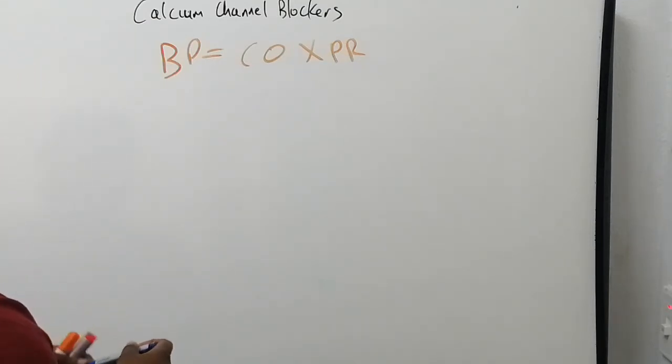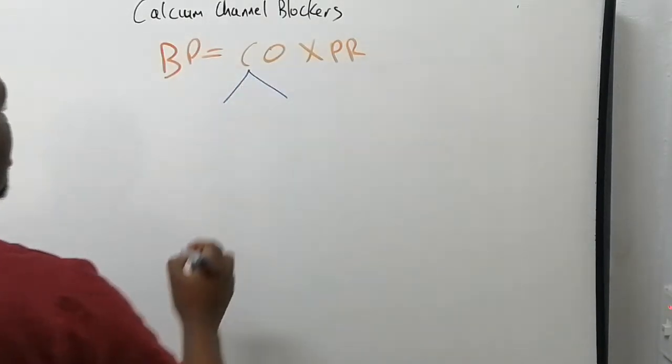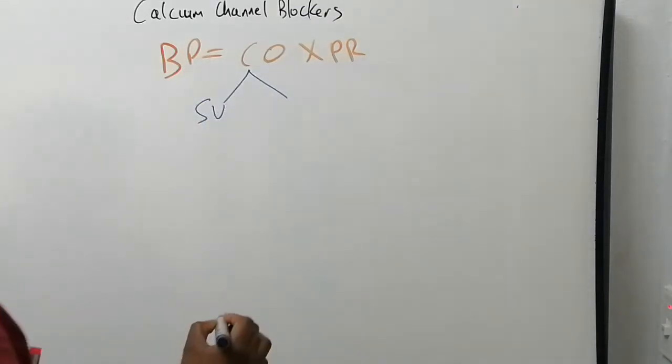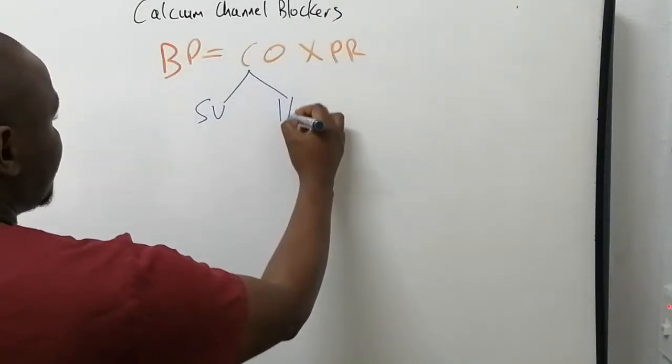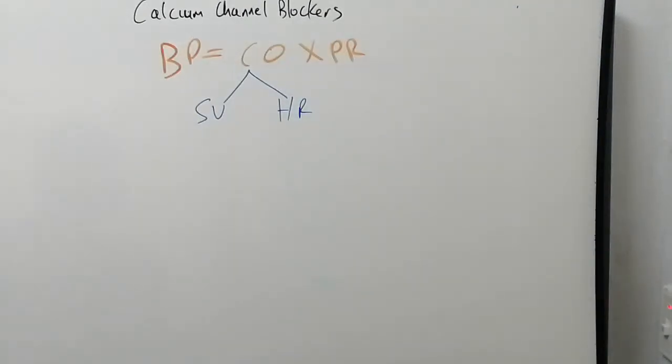Cardiac output, we also need to break it down. Cardiac output is a product of stroke volume multiplied by the heart rate. So if you increase a patient's heart rate, you are going to increase their cardiac output and increase their BP according to this formula. And if you decrease a patient's heart rate, you will decrease their cardiac output and eventually decrease their blood pressure.